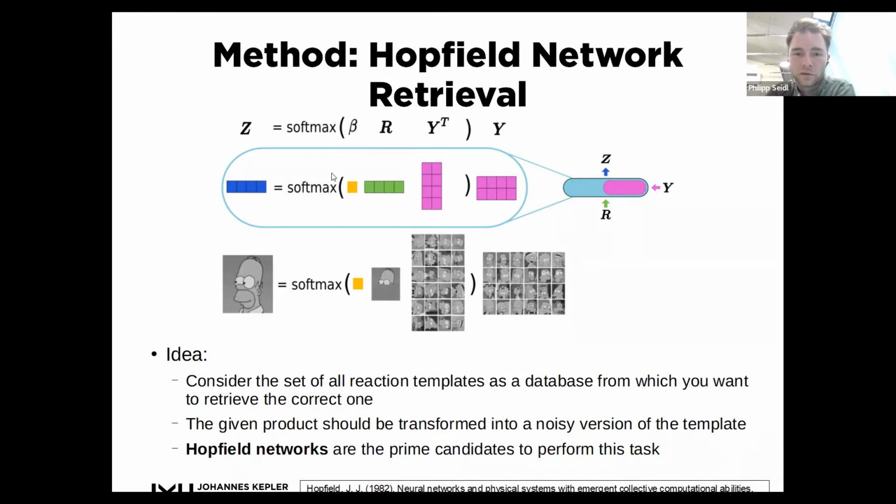What you typically do, and this is not represented here, is map it down to some association space, so you have a projection. This is not shown here, but you can think of it like this. And we're computing the dot product. Out of this softmax of beta times R y transposed, we get a probability over our database. We then take this probability and multiply it again by our database.